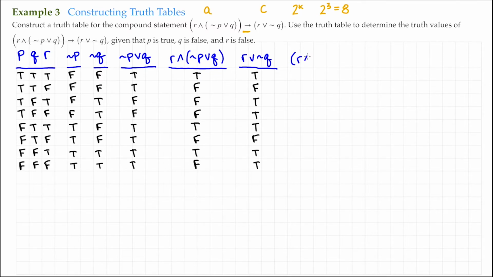If R and not P or Q, then R or not Q. For a conditional statement to be false, the antecedent right here has to be true, and the consequent right here has to be false for the entire compound statement to be false.